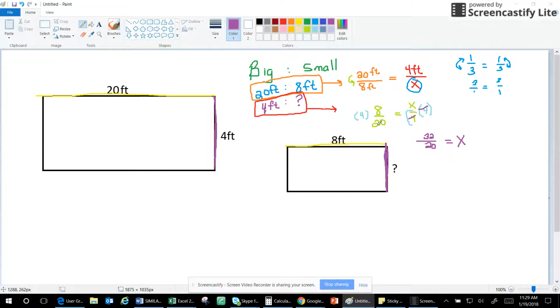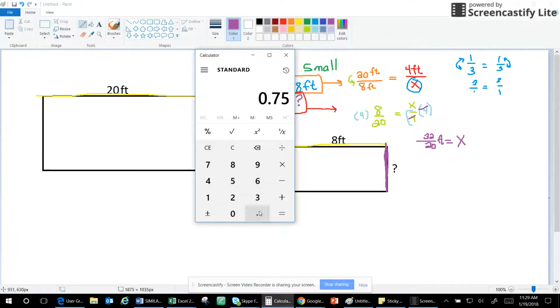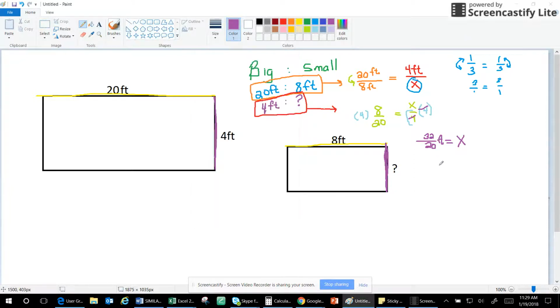It doesn't make sense for us to keep fractional feet. So I can just go ahead and do the division here and get my decimal form, which is something we learned way back in lesson 1 of this module. So divide this by 20, I get 1.6. So the missing side is 1.6 feet. So using ratios and proportions, I found out that this side of this rectangle is 1.6 feet.